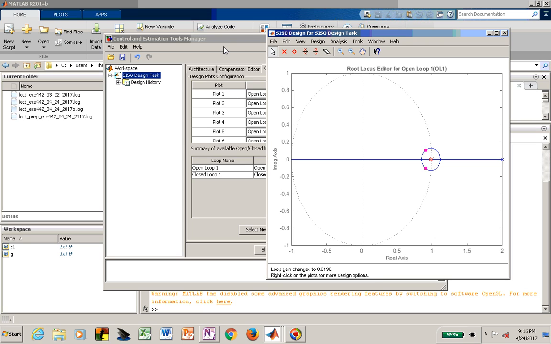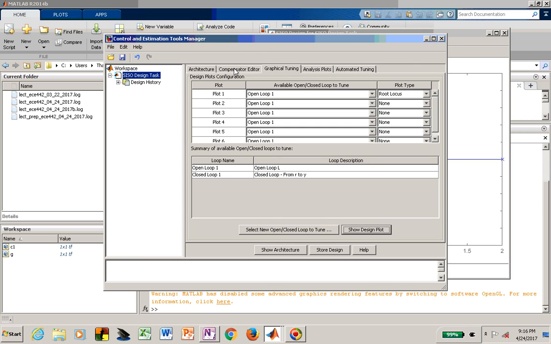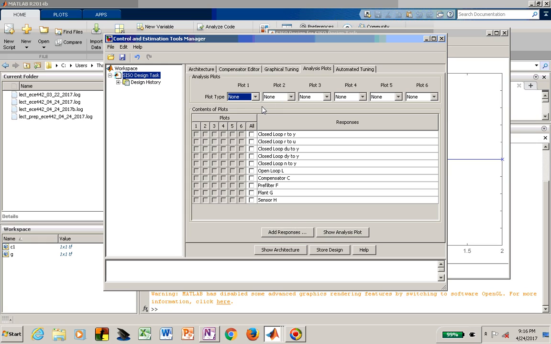But the nice feature is that we can not only move those closed loop poles, but as we move them, we can look at how they are impacting the closed loop step response between the reference input R and the output Y.